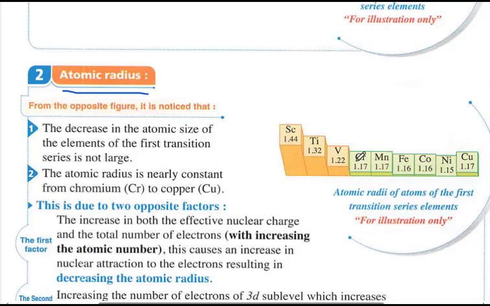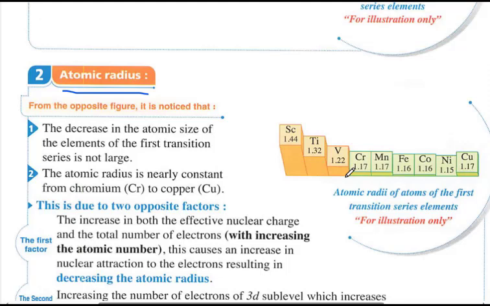But starting from chromium, there is a repulsion force. Chromium's electron configuration is 4s1 and 3d5, so each orbital in the 3d is half filled, with one electron inside each orbital. So the repulsion force between electrons in the orbitals from chromium will balance the effective nuclear force.